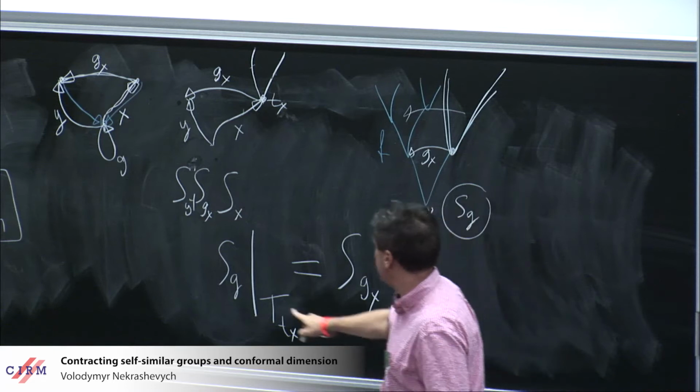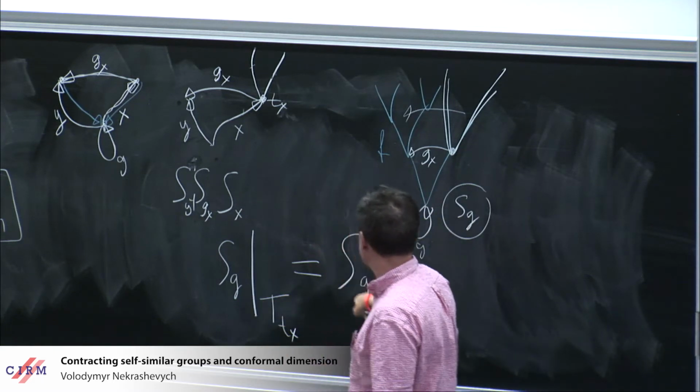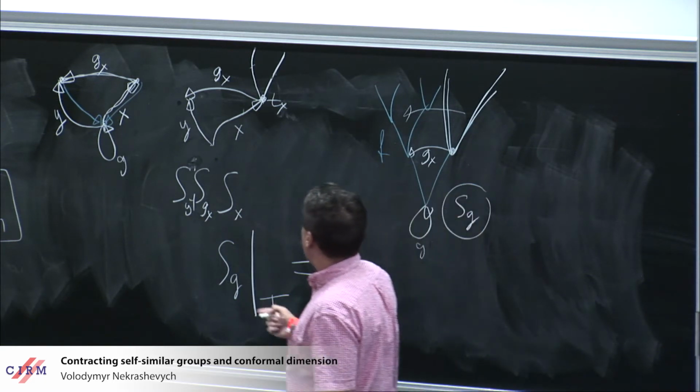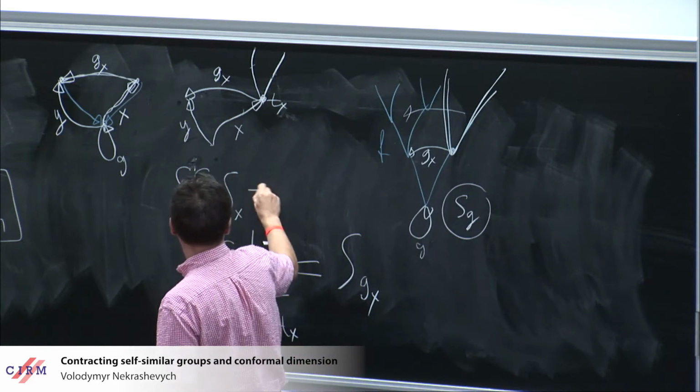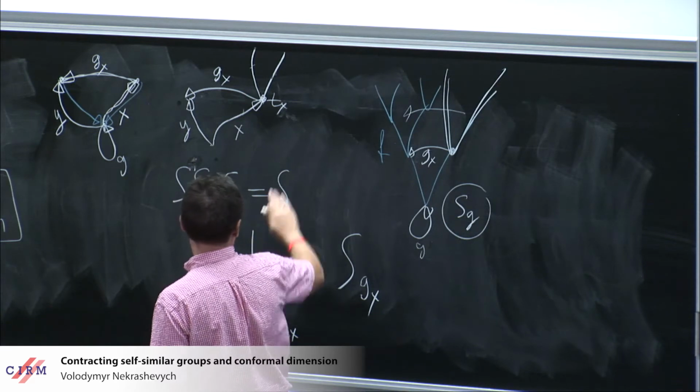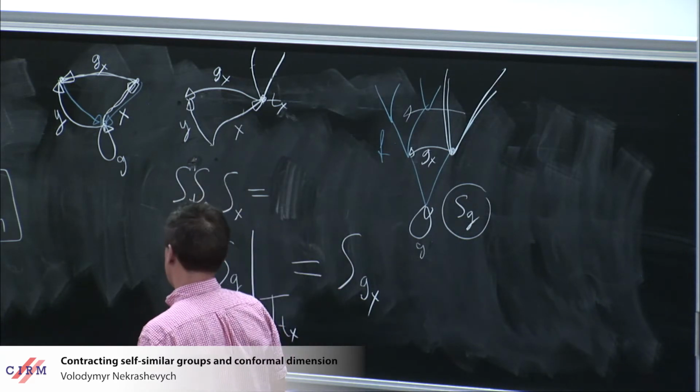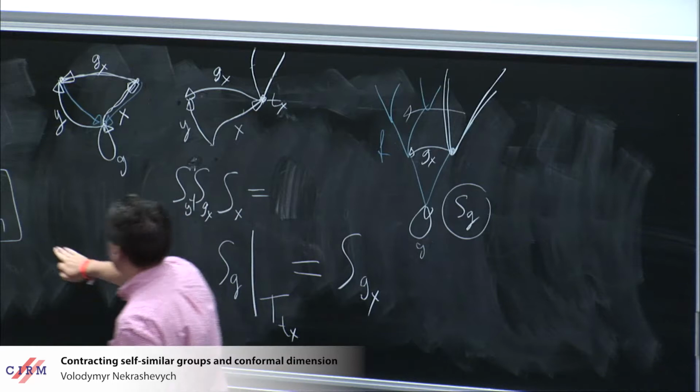And so the restriction of Sg to this subtree is exactly Sgx. And you can check that this is exactly what it should be. Yes, essentially this is what I wrote here.